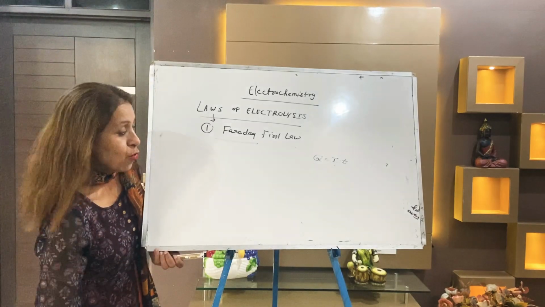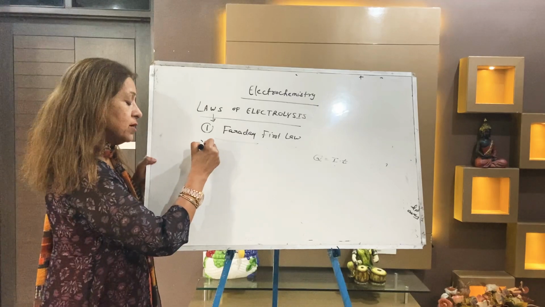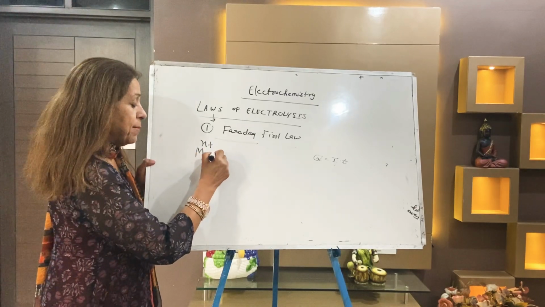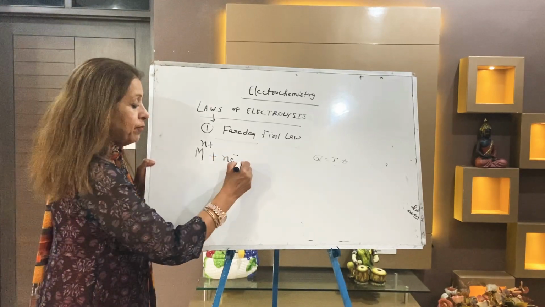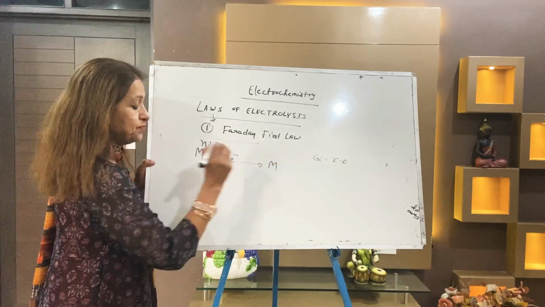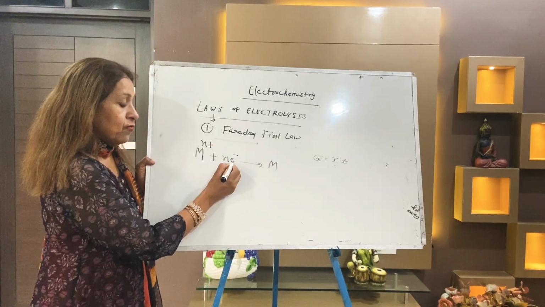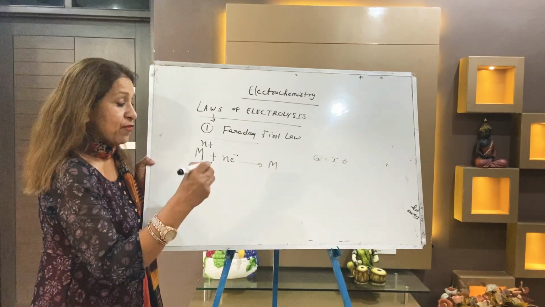Now I am taking one general equation, and we will solve the numericals based on this type of equation: M^n+ + n electrons → M, where M is a metal. Now remember students, this is n electrons. When 1 mole of electrons moves, it carries 1 Faraday.